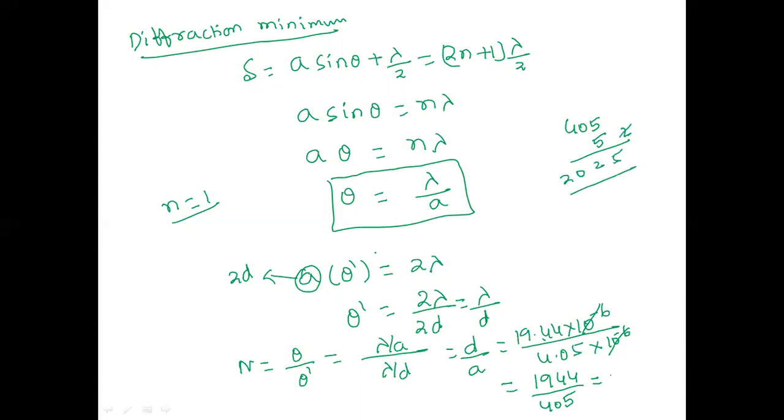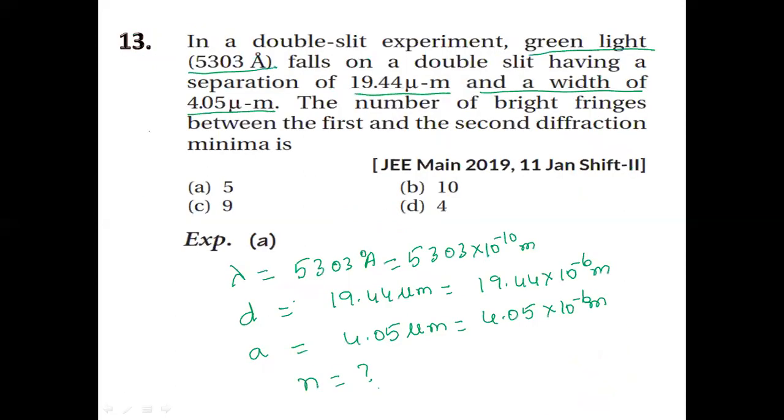So approximately it is 4.8. Since it is a number of fringes, we'll use the step function, that is equal to 5. So the option will be option A.